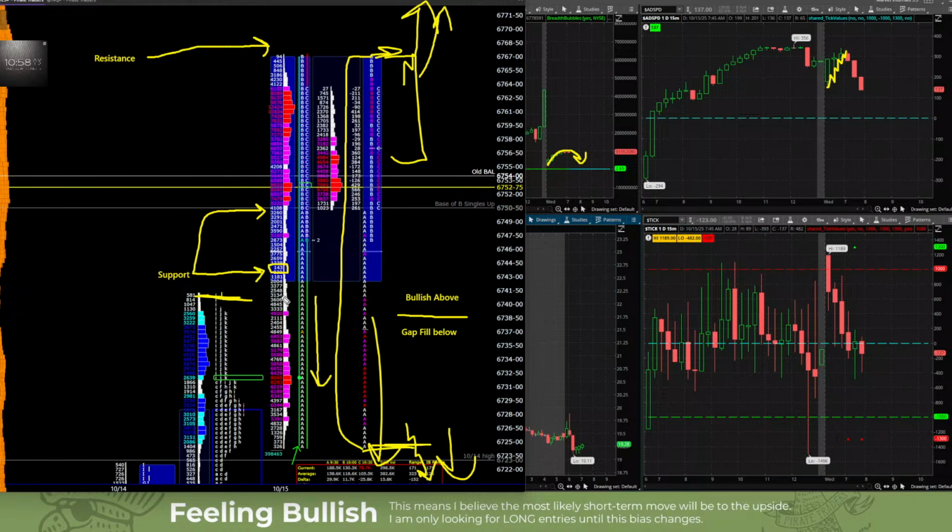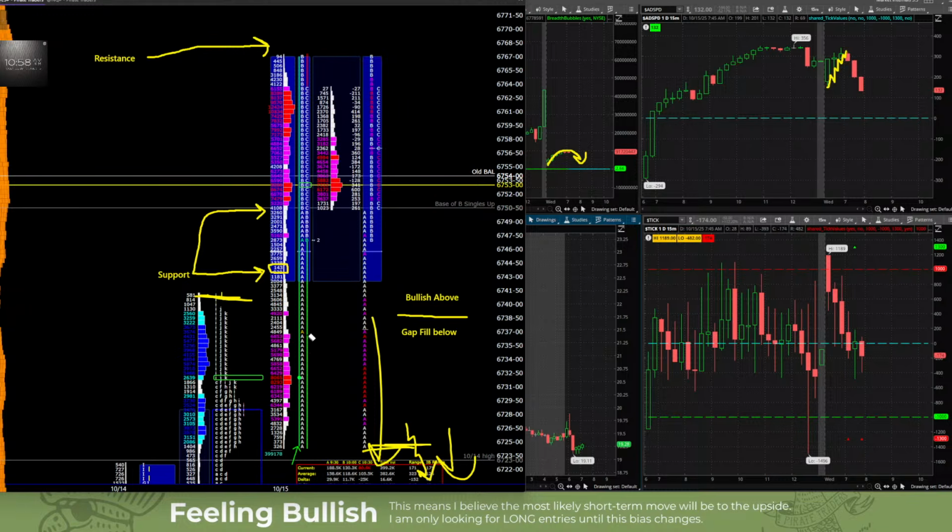But right now, you are just trying to find a dip to buy. Maybe you're buying the base of the single prints. Maybe you're buying 44. Maybe you're just watching and waiting until you feel confident that we have support, and then you're buying. All of those are acceptable options. The point is just don't sell until the momentum is over. And also try to get in a trade as quickly as you can.